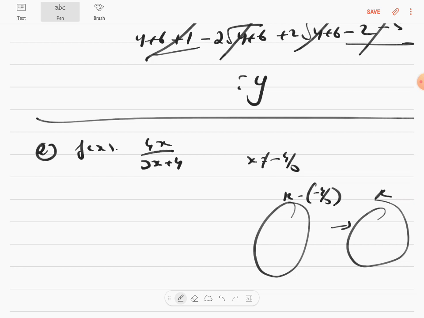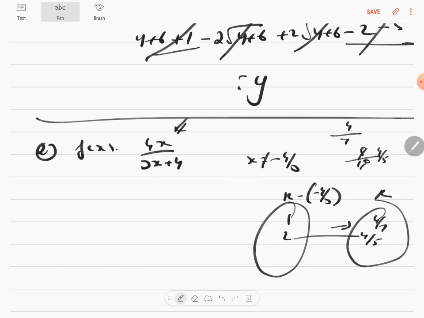So when they give you that, it is all real numbers. When x is 1, it will be 4 by 3 plus 4, which is 7, so it's 4 by 7. When x is 2, it's 8 by 3 times 2 is 6, 6 plus 4 is 10, so it's 8 by 10, which is 4 by 5. And x can also be a fraction.